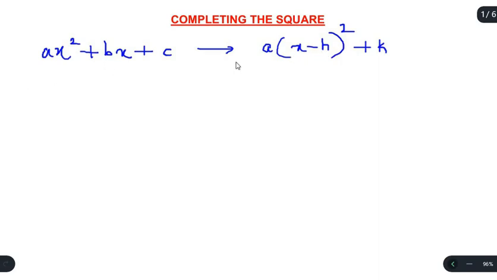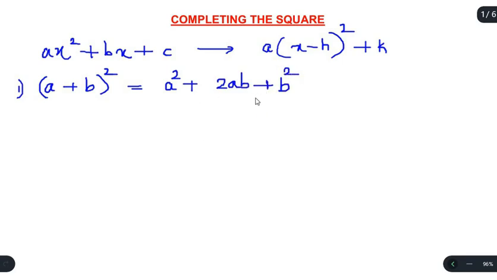Now to convert this, you need to know some basic algebra identities. To start with, this is the first identity which you have learned, that is (a plus b) the whole squared. The whole term is squared. So we can express it as a squared plus 2ab plus b squared.